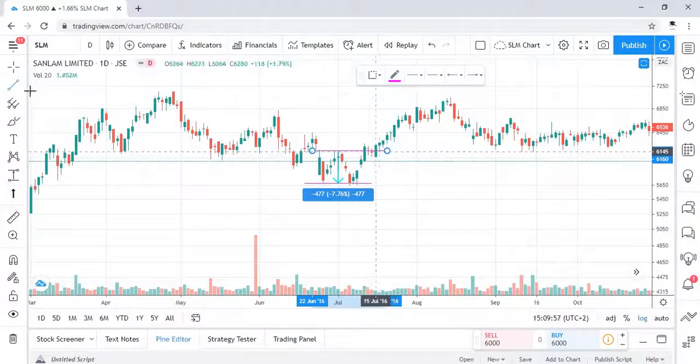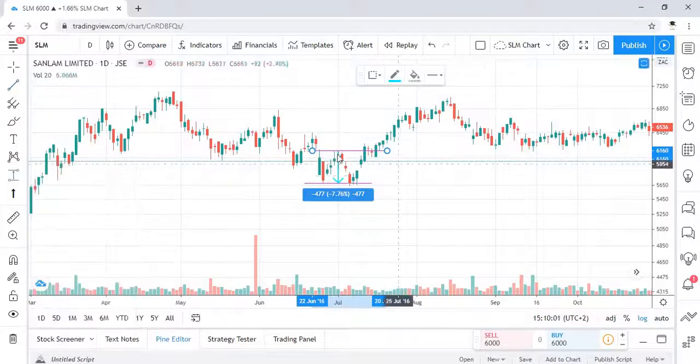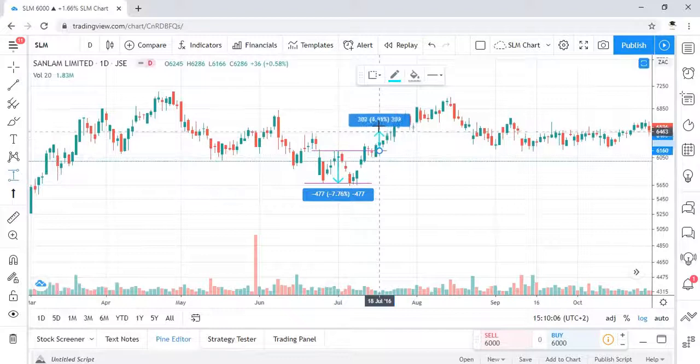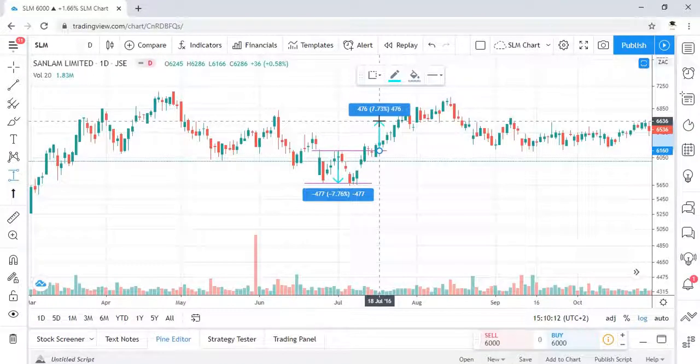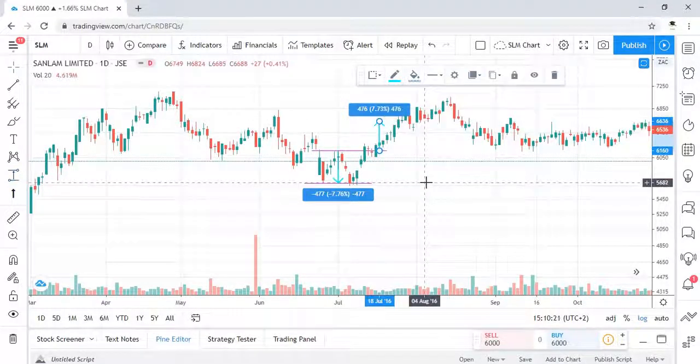And we're expecting that it's going to move upwards by the magnitude of going down here. So we're going to draw and measure 477. So just about somewhere there.